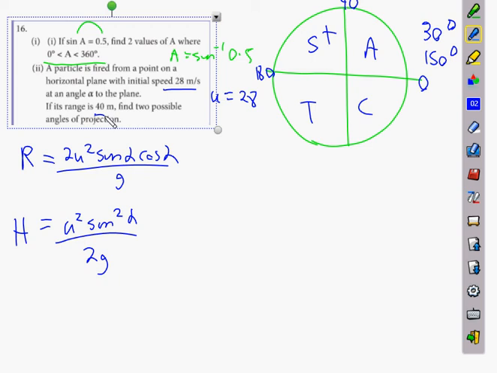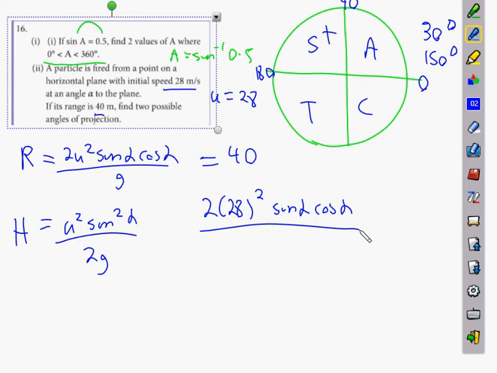So this here equals 40, and u equals 28. So it's going to be 2 times 28 squared sine alpha cos alpha all over 9.8 equals 40. Yeah, we did it that way.